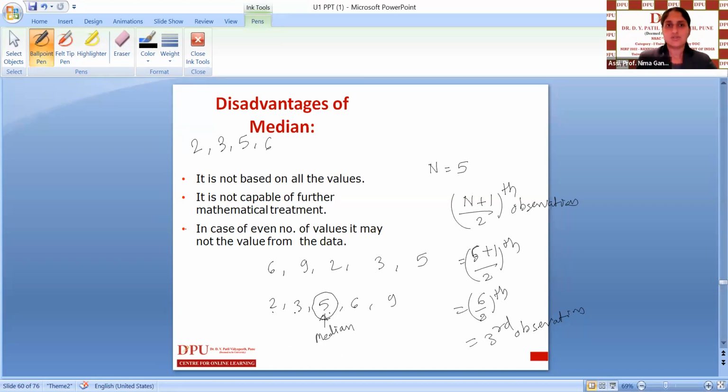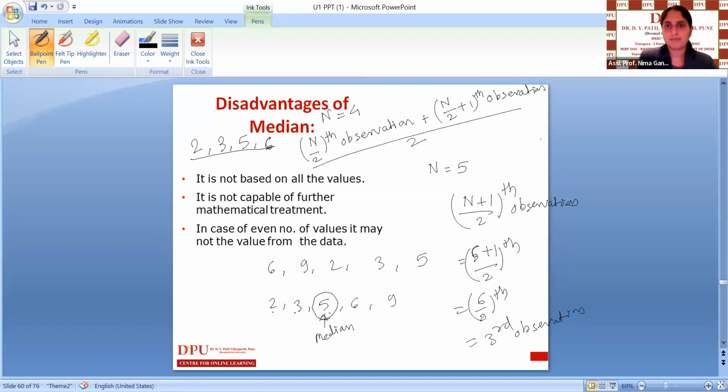Okay, so how do we find it in such a case? If you have an even number of observations, your capital N is 4. In this case, our formula is the N by 2th observation plus the N by 2 plus 1th observation, divided by 2.